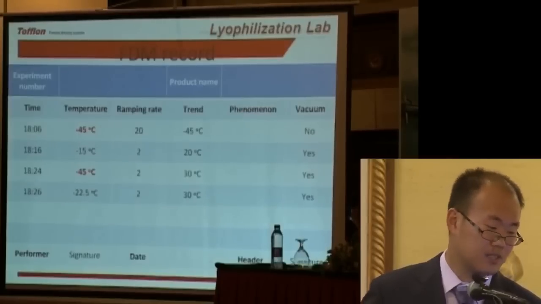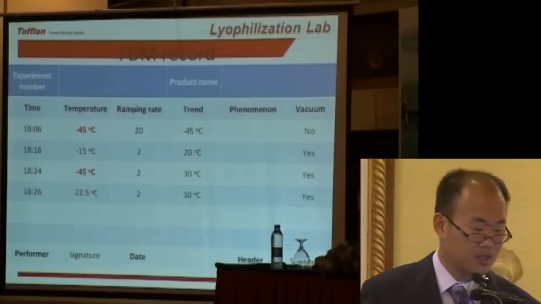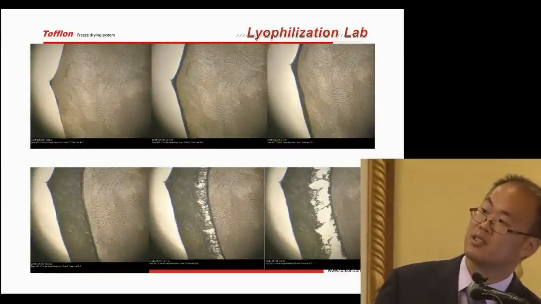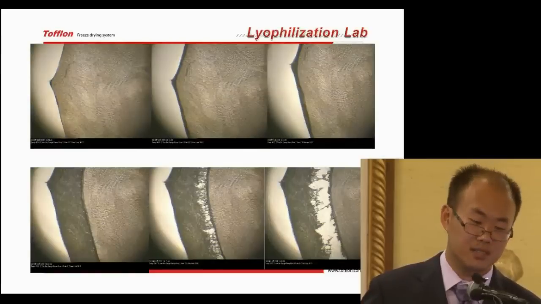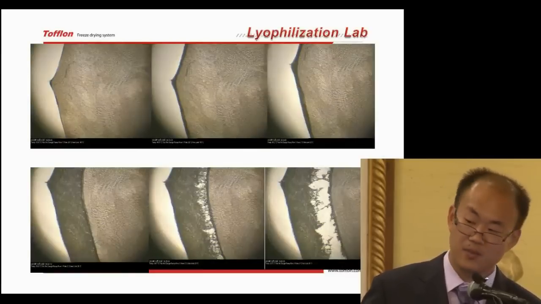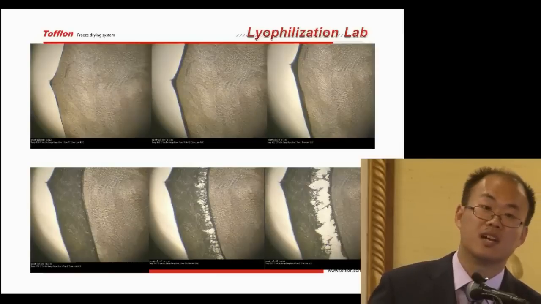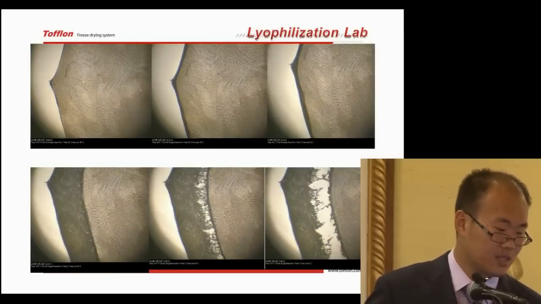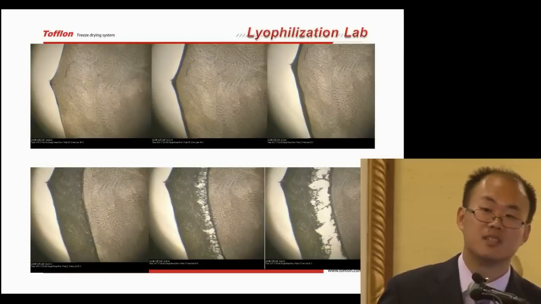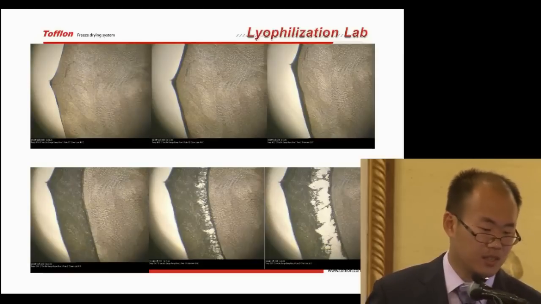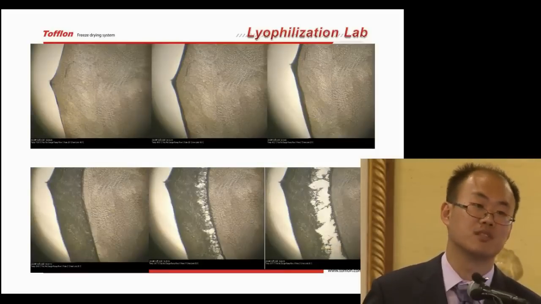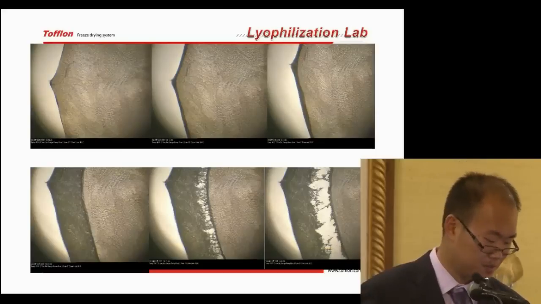Through this process, just as the sixth picture shows us, the picture is different. We found that the collapse did not happen at the beginning. It happens at some later point. So through the annealing process, we increase the collapse temperature. So that is very important.